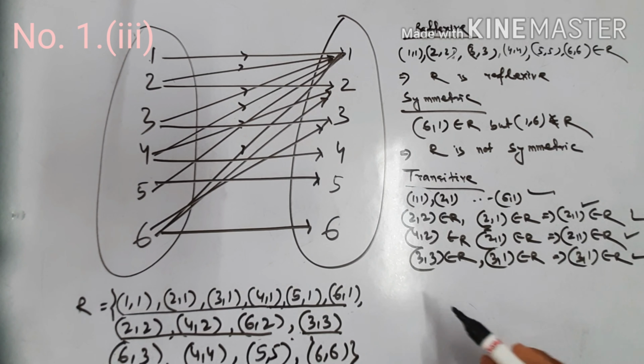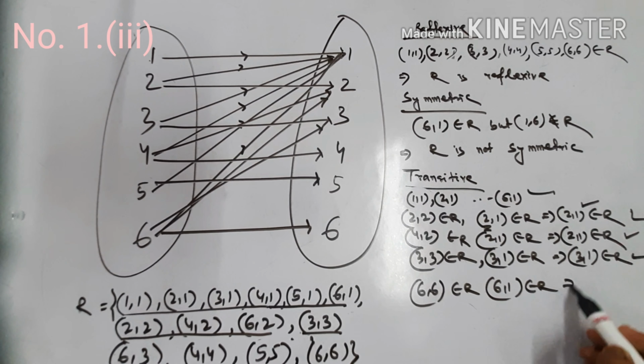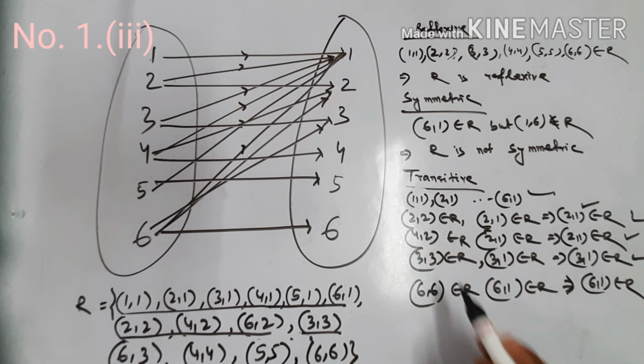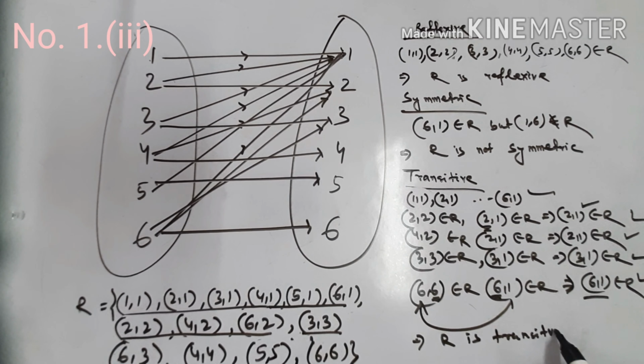Now you take any element like this, up to say (6, 6) belongs to R, (6, 1) belongs to R. This implies (6, 1) belongs to R. So in all cases, where the second element of the first ordered pair and the first element of the second are the same, you have to show these two belong to R. So it is clearly transitive.